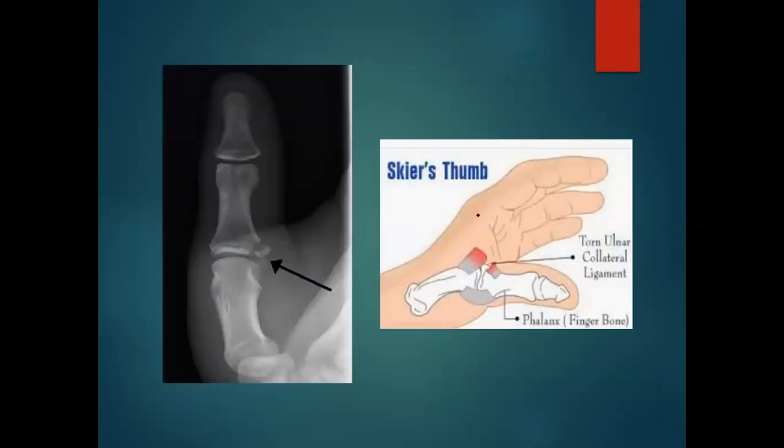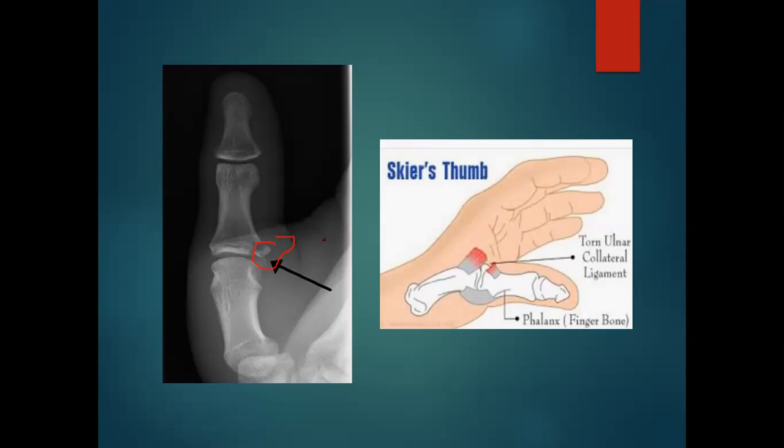So here's that ulnar collateral ligament. What happens is you get hyperextension at the thumb joint, which causes that to tear, and then you can get an avulsion fracture. That's called either skier's thumb or gamekeeper's thumb, but it's basically that mechanism of pressing the thumb.